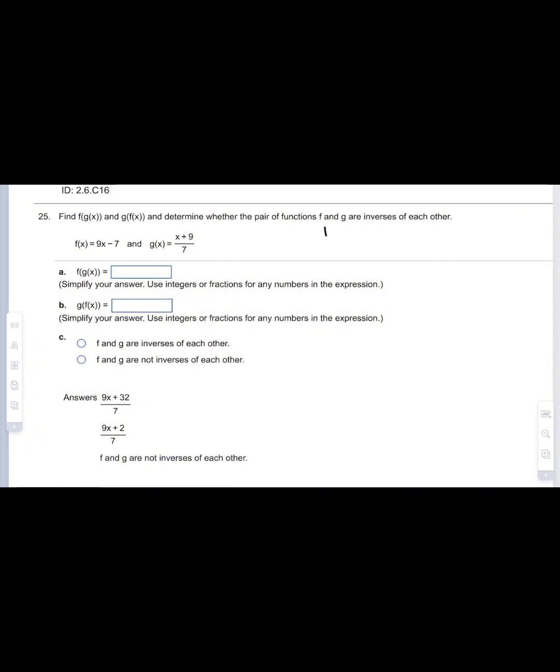So now for this one, what you're going to do is you're going to take g, which is x plus 9 over 7, and you're going to insert it into f, which is 9x minus 7. So you end up with 9 times x plus 9 over 7.